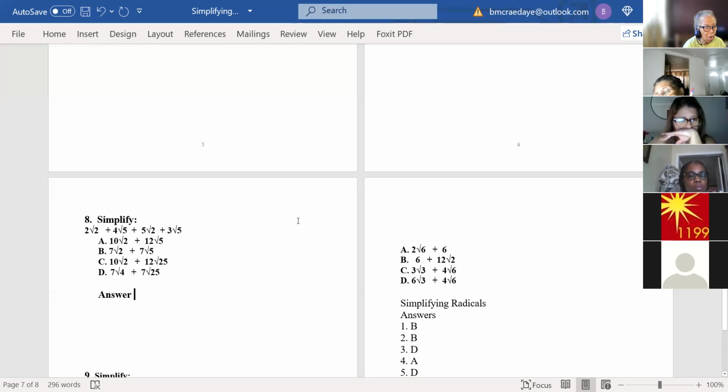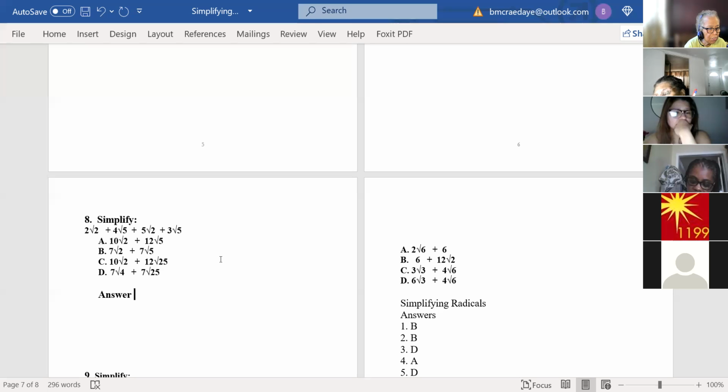And you can only add the coefficients that have the same radicand. So you can only add all the square root of 2's together, and you can add the square root of 5's together. So what do you get for the square root of 2's, Alva? I had all the square root of 2's.